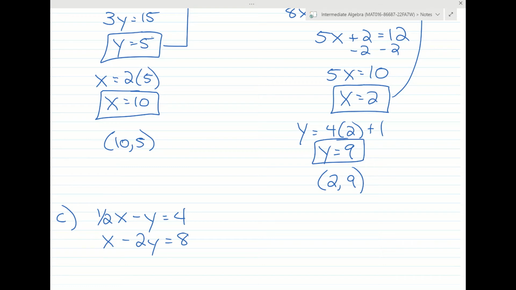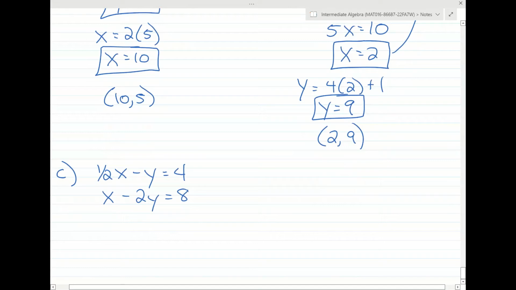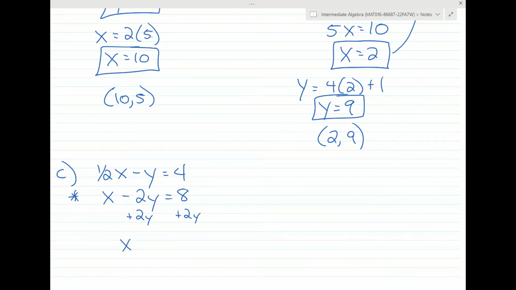In order to do substitution, we have to get one of the letters by themselves. But what I'll do is I'll just take this equation and I'll just bring the 2y on the other side, and I'll get x is equal to 8 plus 2y.